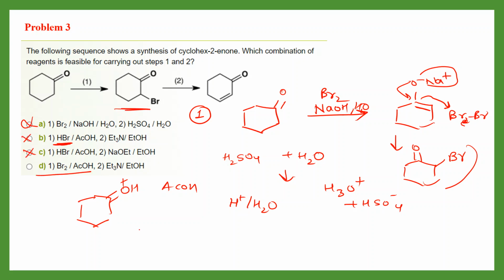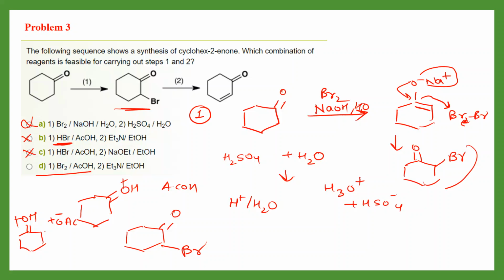The last option is your, let me draw its mechanism in a stepwise manner. First, in the presence of acetic acid, your carbonyl gets protonated. Correct? Now, after protonation, this acetic acid has become OAc negative.